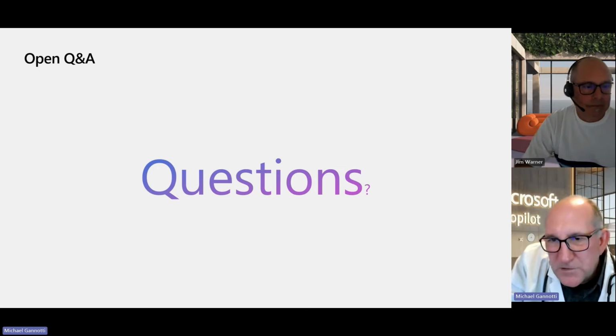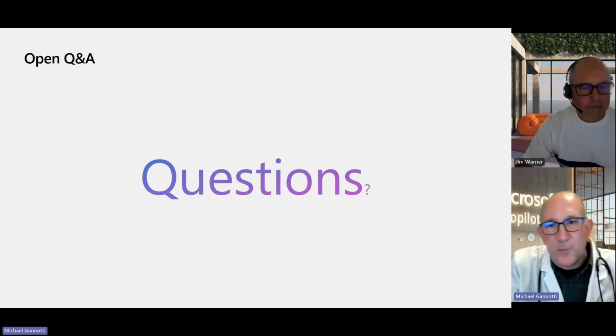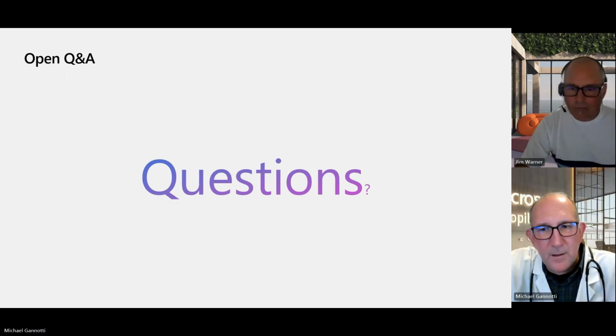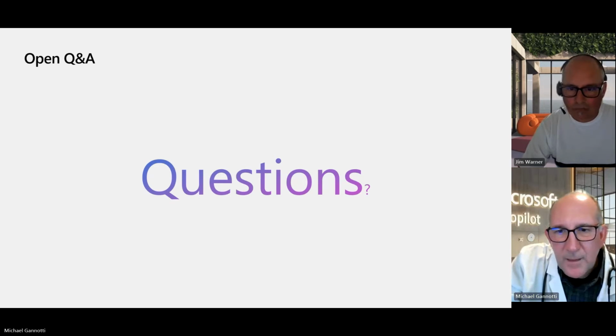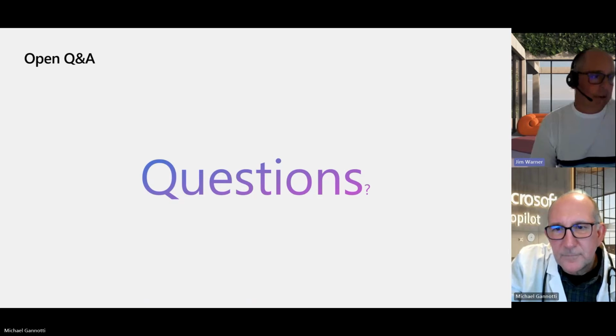For the Teams functions, I want to know if the meetings have to be recorded, or can it be done with recording off? I think we addressed that already. Did you want to summarize that again, Jim? So Copilot requires transcription.